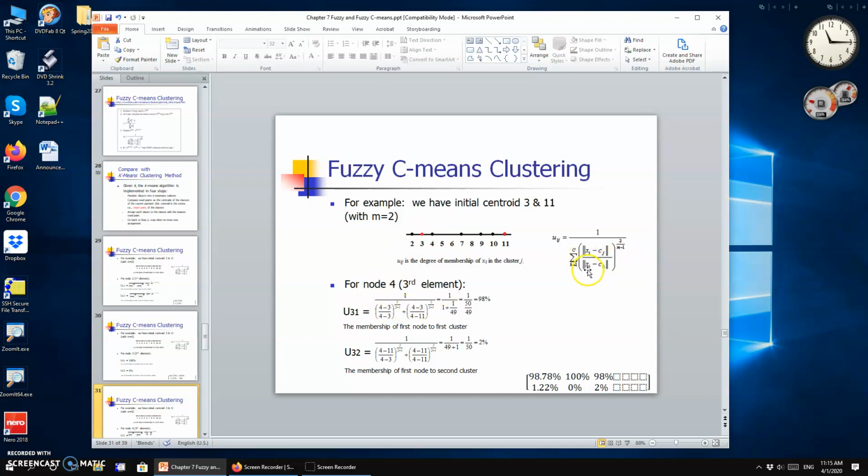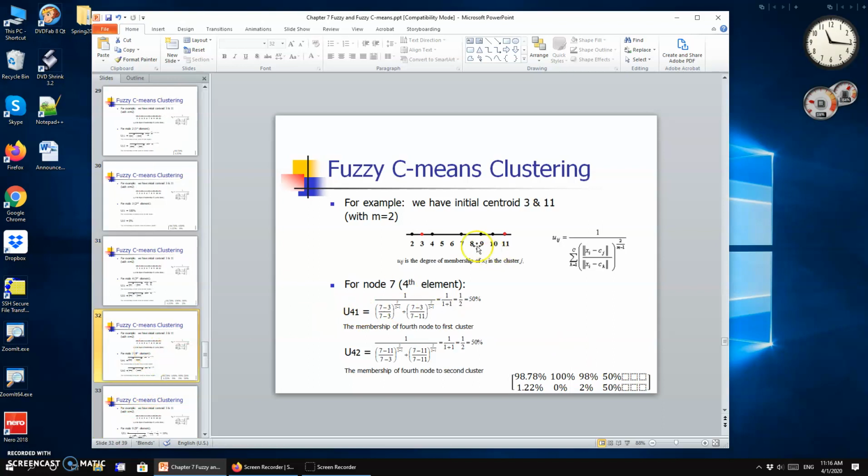And then the denominator is the value minus the first cluster, plus 4 minus 11, where 11 is the location of the second cluster, ck with k equal to 2. So you can see that those are the calculations. This time, we see node 4 belonging to the first cluster at 98%, and on the other side 2%. You can see that this calculation will always give you a value of 100% if you sum up the two values.